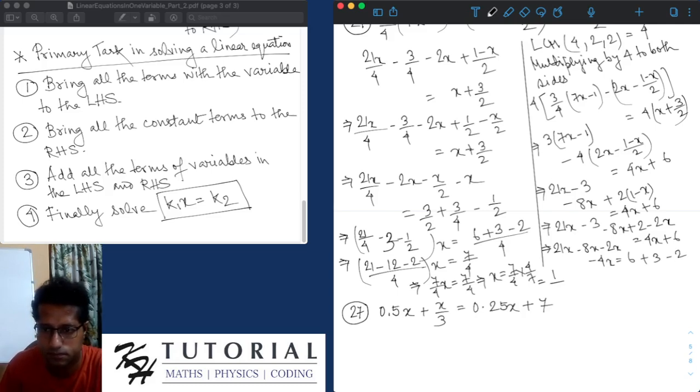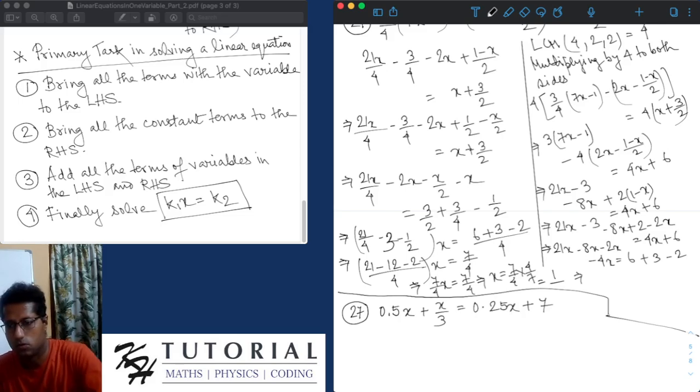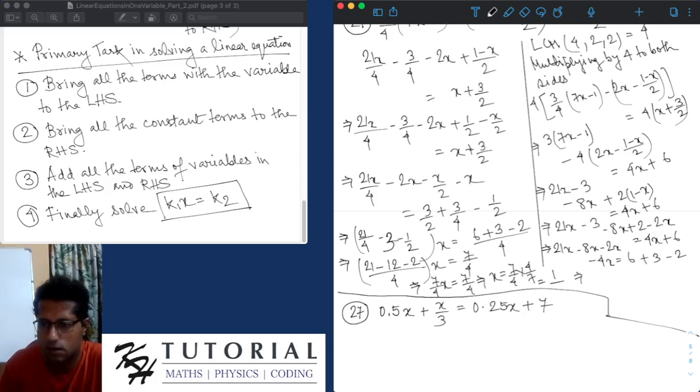This implies, let me make a borderline. Okay, so this implies, if I add up all the x terms in the left hand side, it becomes 21x minus 8x minus 2x minus 4x, it is 21x minus 14x, that is 7x.